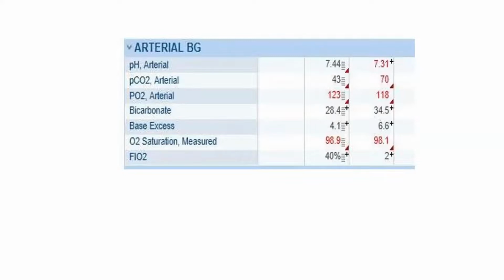What else would you like to look for? I think you already mentioned a lot of things. So first of all, you have to assess his mentation. Try to assess his GCS first, because this is going to be very helpful to determine your next step, whether you need to escalate the level of care or he can be managed on the floor. So you assess his GCS and you found that he is responsive and he's doing fine.